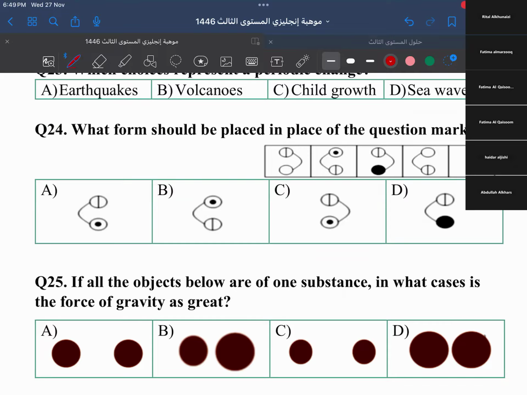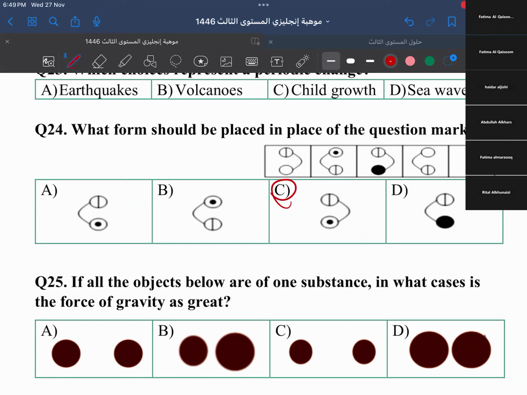Yes, Rital? I think it's going to be C. Excellent. So why is it C? Because it's a pattern. The first one, we started with an empty circle, and then the one after it was the same as C, and the directions are opposite. Yes, exactly.